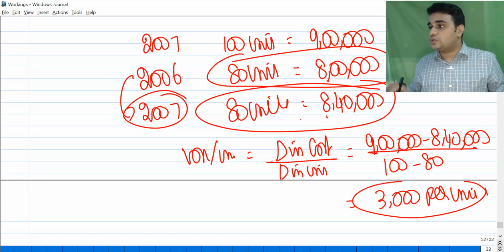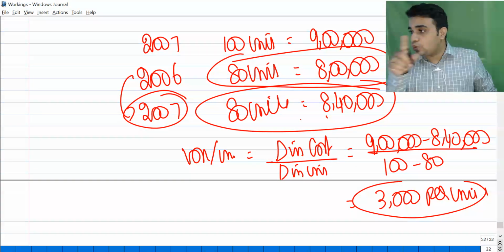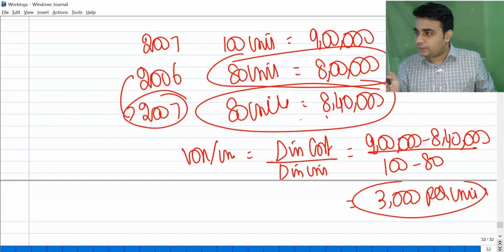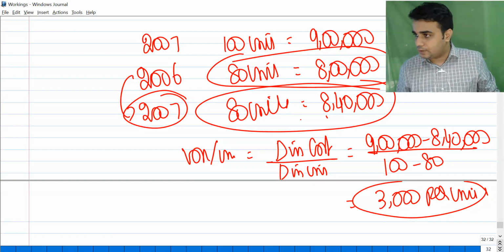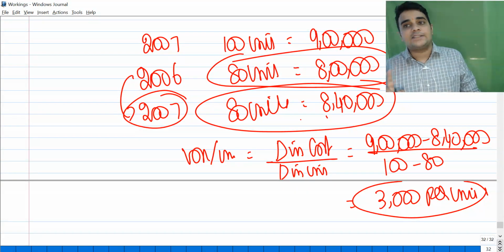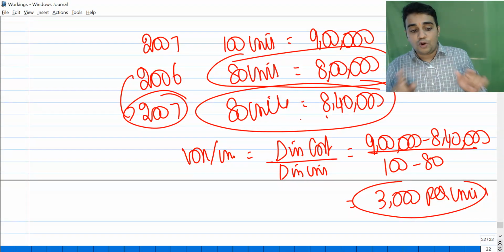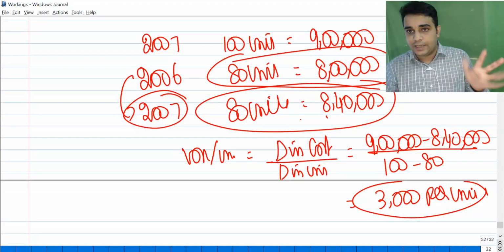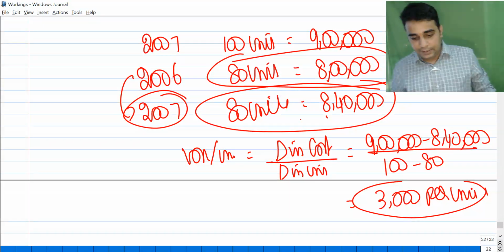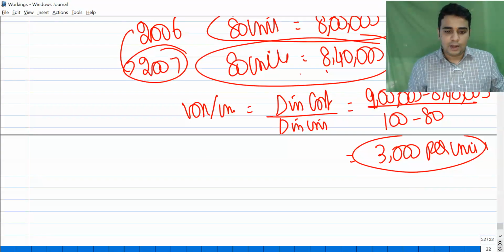This 3000 you substitute either in the 2007 9 lakh figure or in the 2007 8 lakh 40 figure. Either way you will get the fixed cost. Don't try to substitute in the 2006 80 units, because there you will not get the number, as that doesn't have inflation. I'll give you time to write.